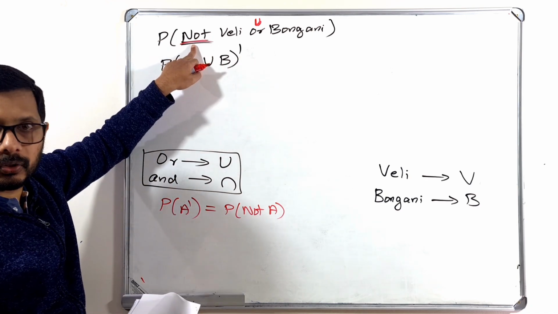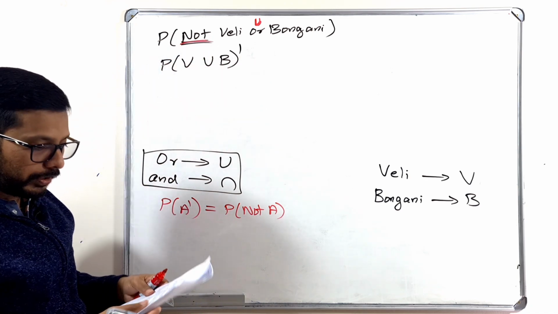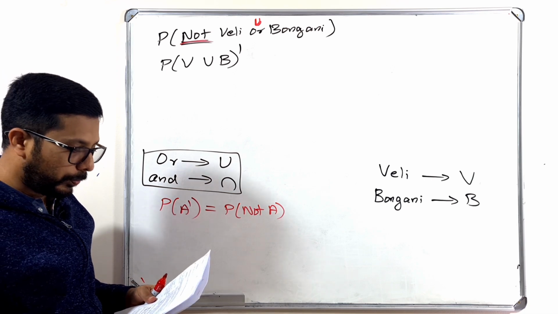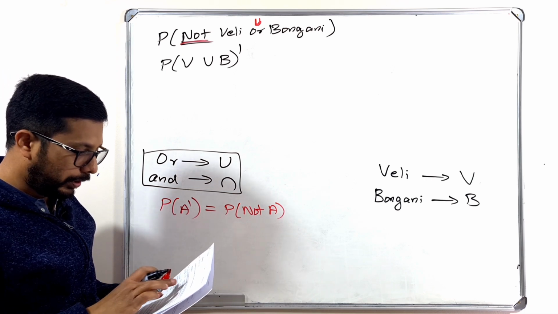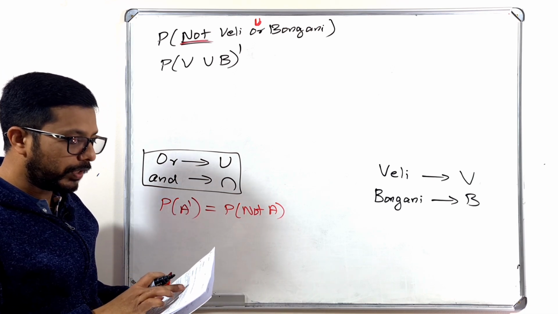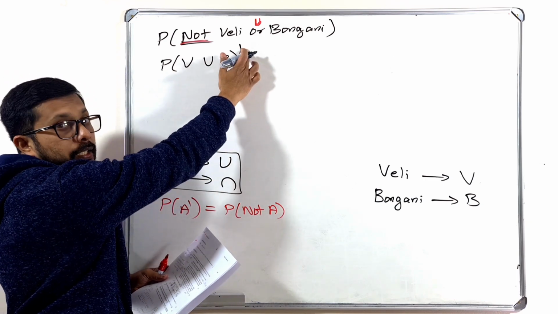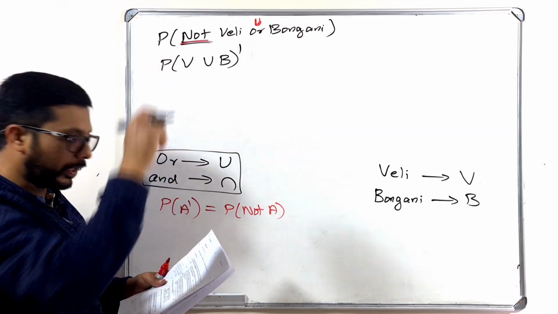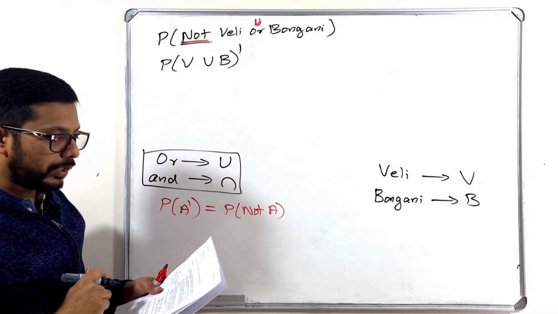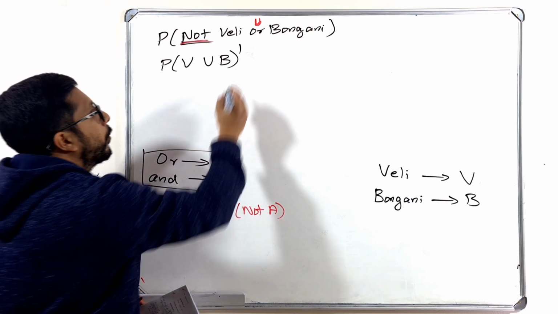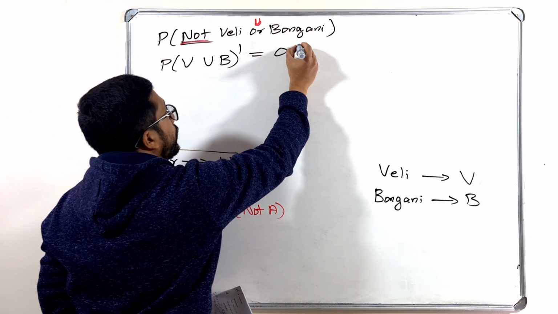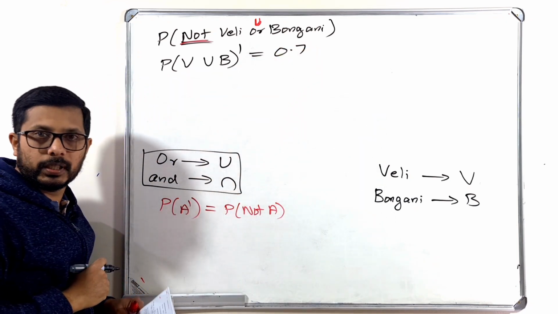Because it is not, and it is given in the question that neither Veli nor Bongani will arrive late on any day is 0.7. So the probability of this one is 0.7.